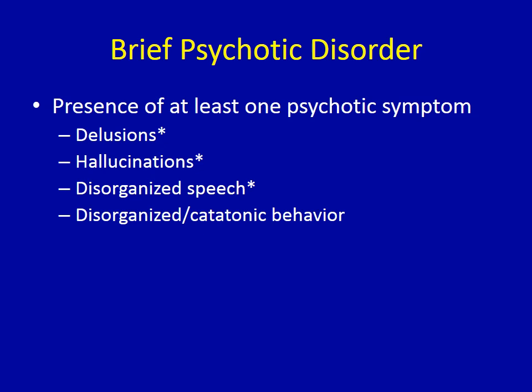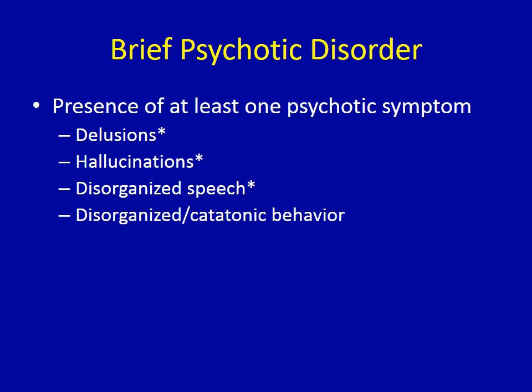You need to have the presence of at least 1 psychotic symptom, so you don't need to have 2. These symptoms can include delusions, hallucinations, or disorganized speech. They might also include disorganized or catatonic behavior, but you'll note that they do not include the negative symptoms as a potential criterion.